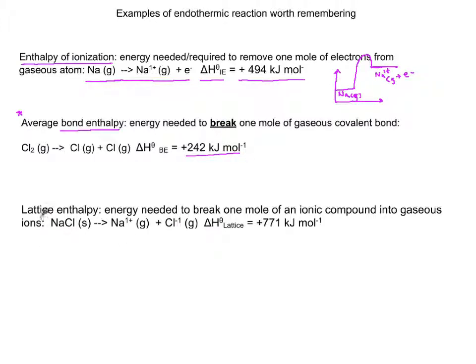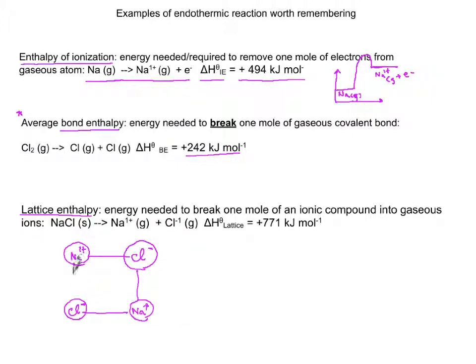One other word that comes soon at you is lattice enthalpy, and that's the energy you need to break 1 mole of an ionic compound into gaseous ions. If you have a picture of sodium chloride, it's sodium ion attached to chlorine ion, but it's an ionic network. It goes on forever. So let me just give you one phase that has 4 of them attached.